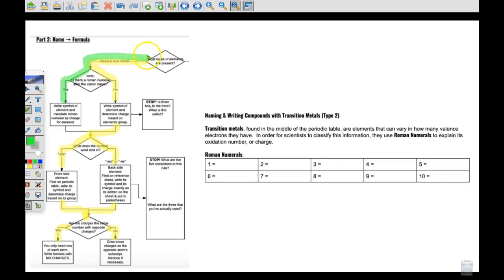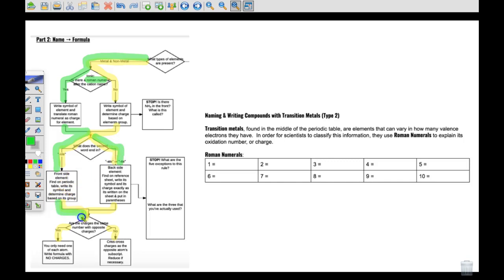So we'll start at our general question, what types of elements are present, and the question would be answered by metal and nonmetal. And then if we see a Roman numeral after the cation name, we would take the left-hand path. And that means we're dealing with a type 2 ionic compound.